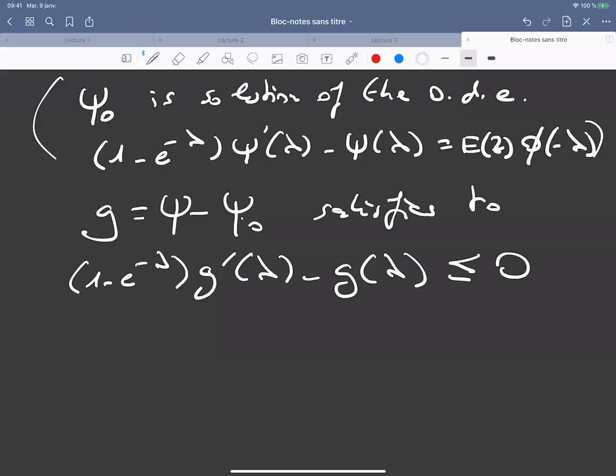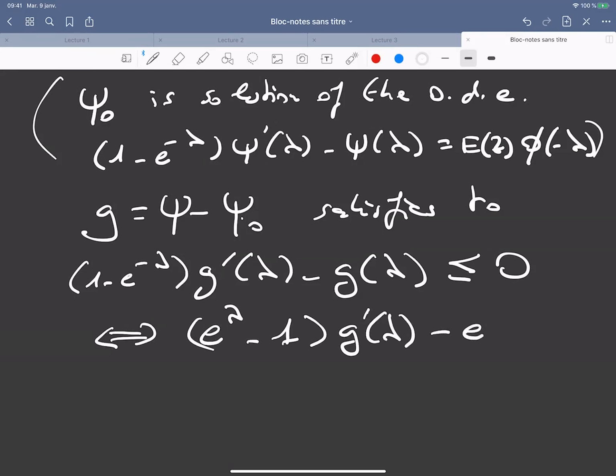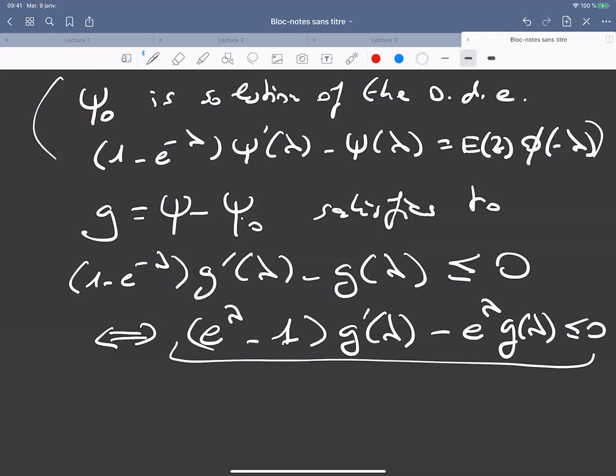And if you multiply by exponential of lambda, this is equivalent to exponential of lambda minus 1 j prime of lambda minus exponential of lambda j of lambda is non-negative. This is equivalent. So you know that j has to satisfy this inequality.